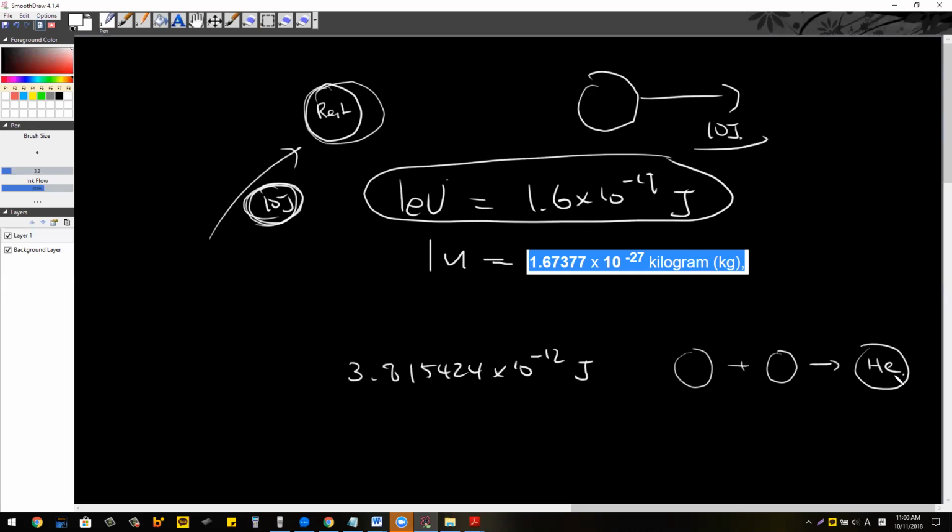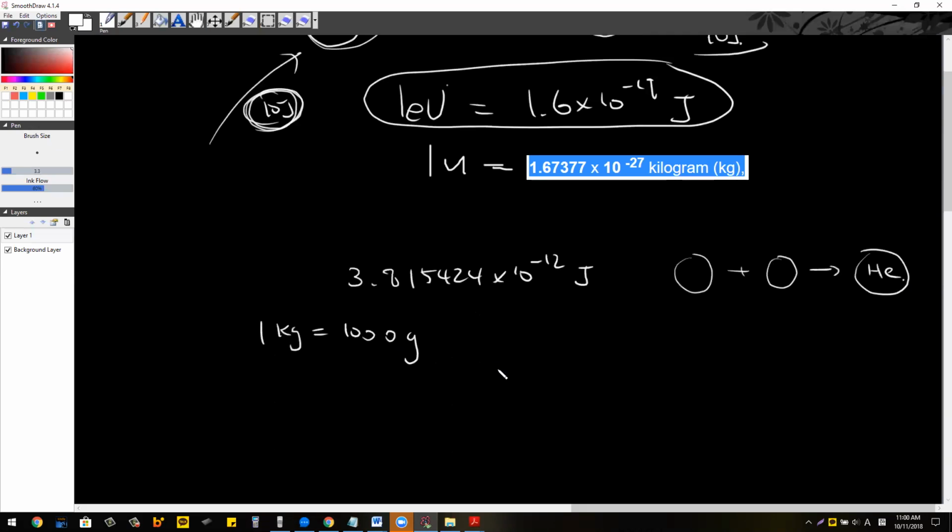We've got 1 kilogram, which is 1,000 grams, is that right? Of deuterium. So here's what you have to do. You have to convert this into number of moles. This is actually chemistry. You have to figure out the number of deuterium.